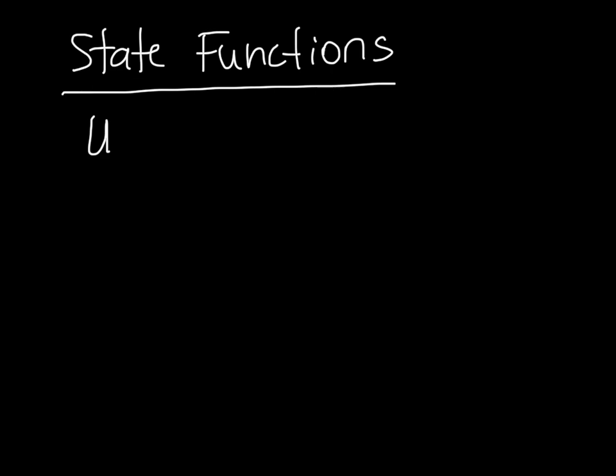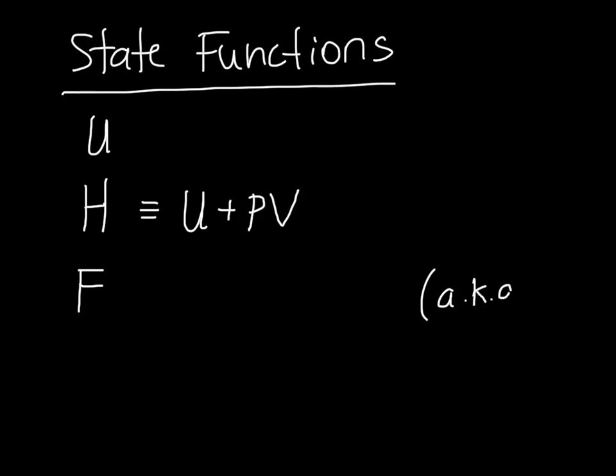We have already seen that there is another state function H, which is the enthalpy, and which we defined as U plus PV. Another useful state function is F, the Helmholtz free energy, sometimes known as A. We're going to call it F, though, so as to not confuse it with A, which might be area, but which we will also use as affinity.